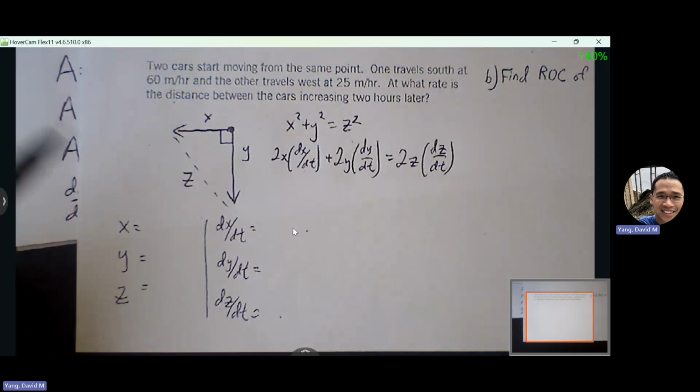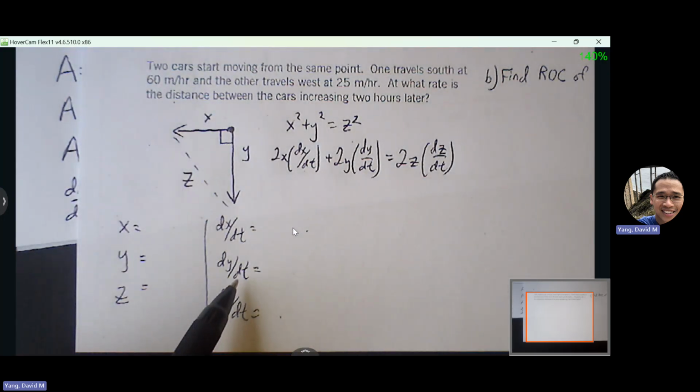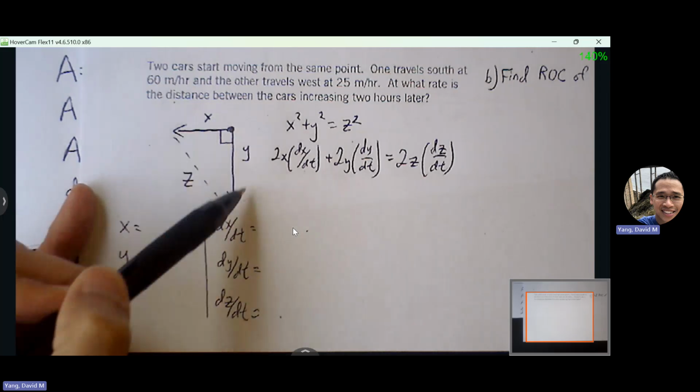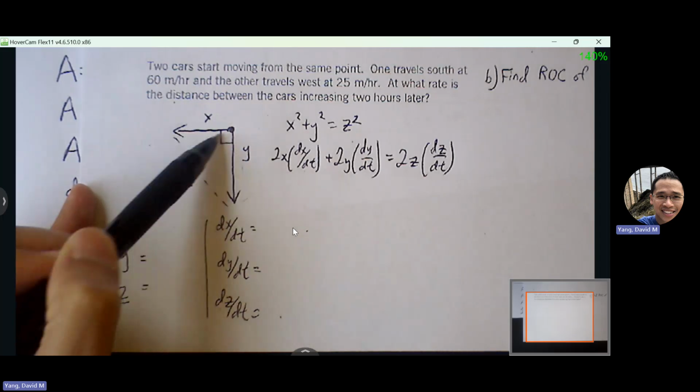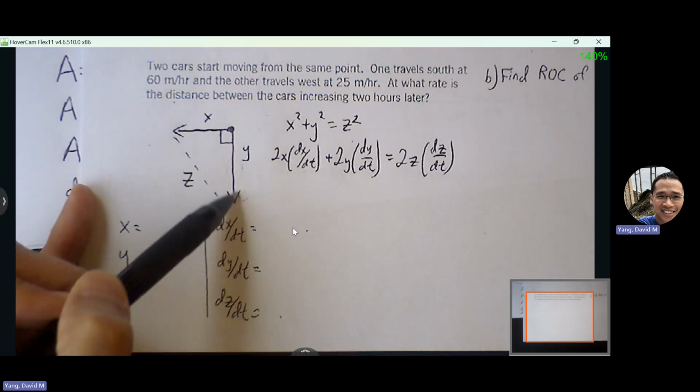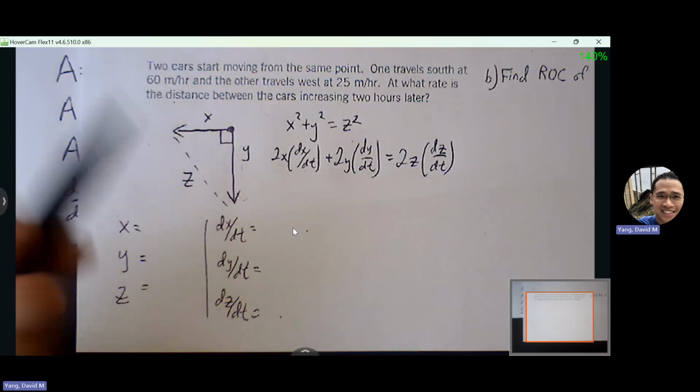What can we assign this dy/dt to be, positive or negative? Yes, positive. I know we associate down with negative, but in this case, this is getting larger. That vertical length of the triangle is getting larger, so we want that to be positive.